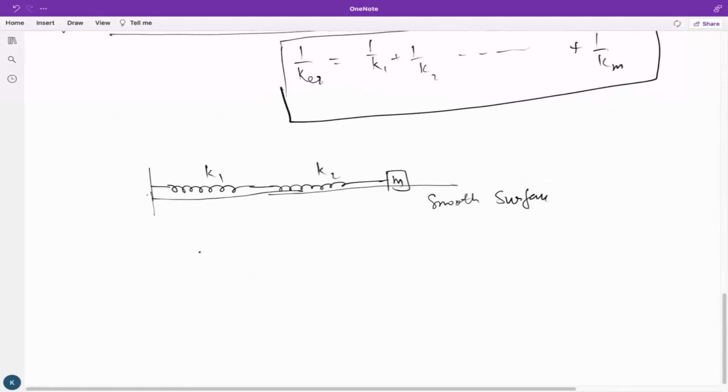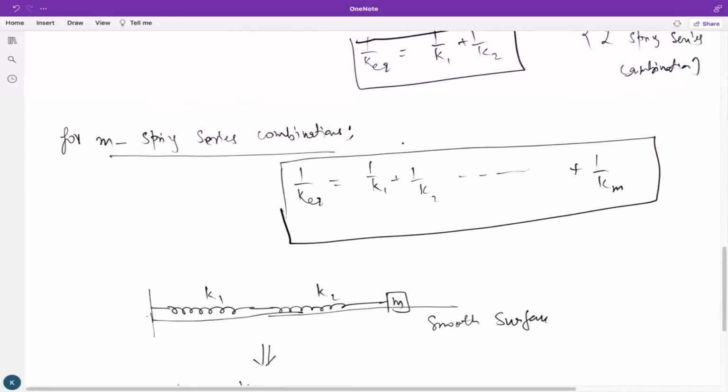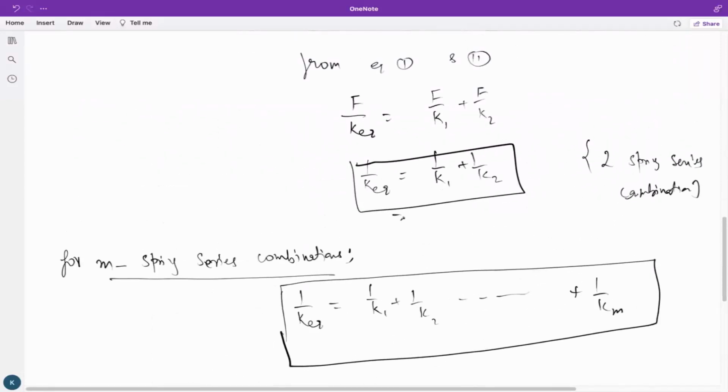So we can write this whole system as equivalent to a single spring block system with K equivalent, which, if I solve this equation, the K equivalent value will be K1 K2 by K1 plus K2, right?